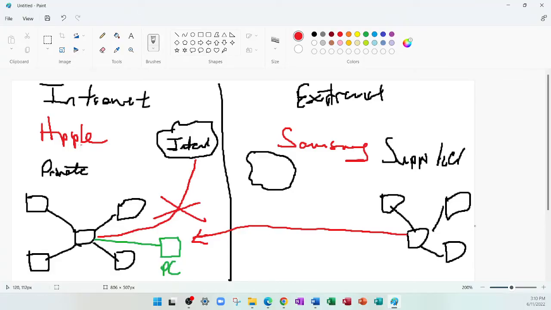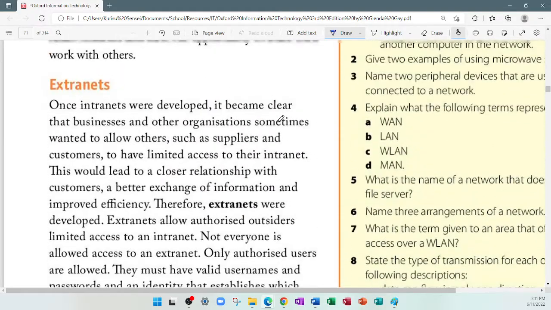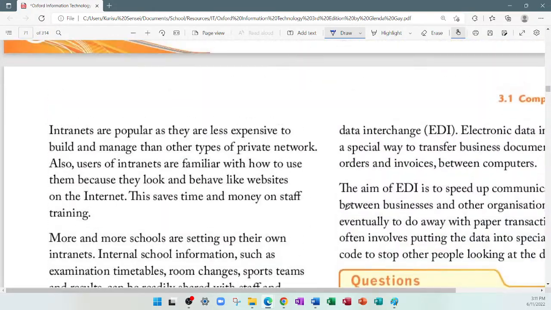So once again, the intranet is a private network. Only those in the company or organization will be able to access it and see the resources. But the extranet is a private connection to that intranet so that they can access the services or see some sort of information that will be necessary.